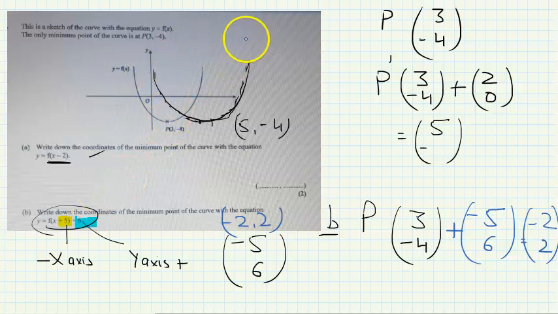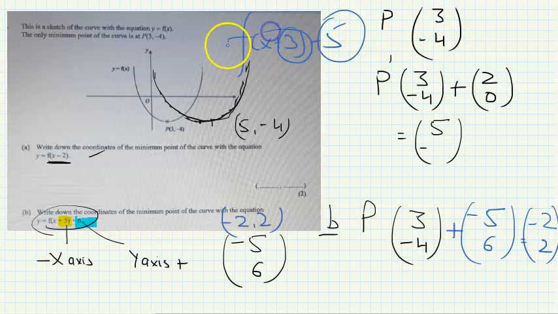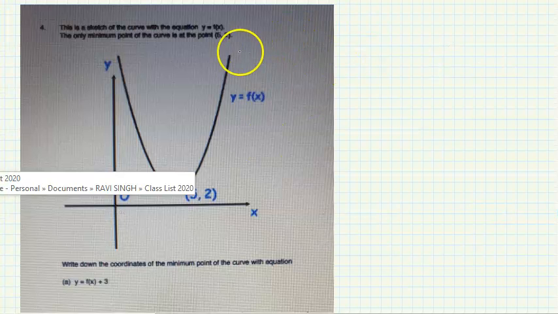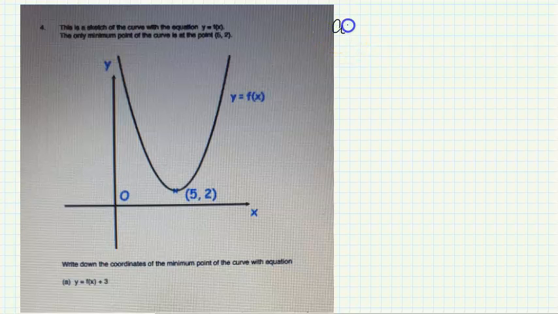This kind of question is where we write f(x) plus 3 minus 5. This is for the y-axis and this is for the x-axis. Now we have this question in front of us. So part A is, these are the coordinates. So let's say this is A. The coordinate of A is 5 and 2. Write down the coordinates of the minimum point of the curve with equation f(x) plus 3.